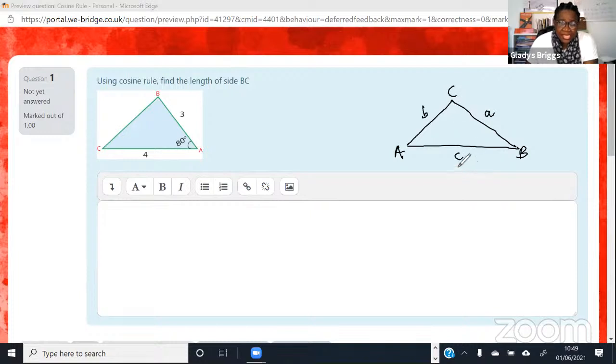Notice that side c is opposite angle C, and side a is opposite angle A. Then the cosine rule is a squared is equal to b squared plus c squared minus 2bc cos A. So what are we looking for here?